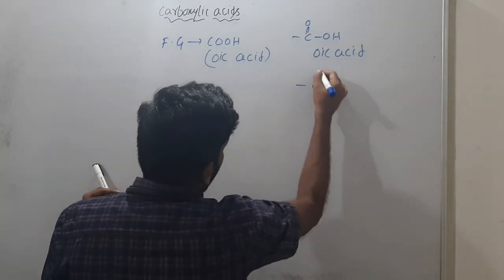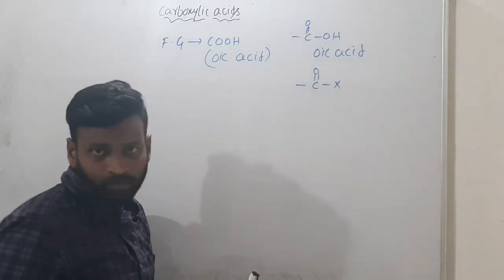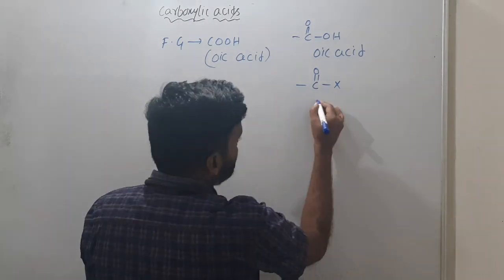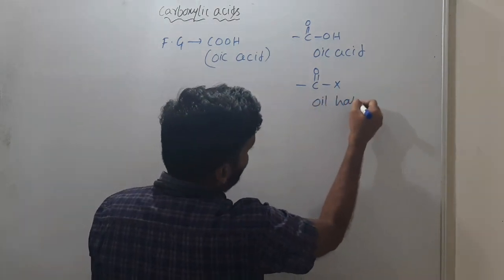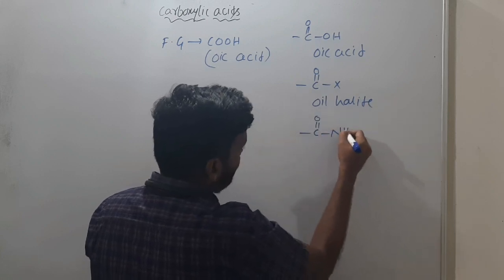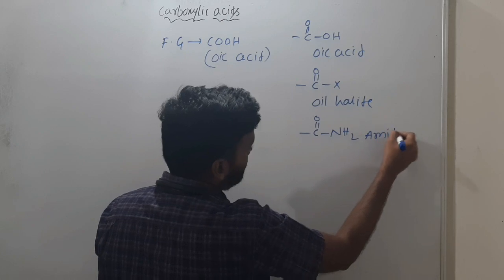But if this C double bond O has a halogen, it is an oil halide. C double bond O with NH2, that is an amide.